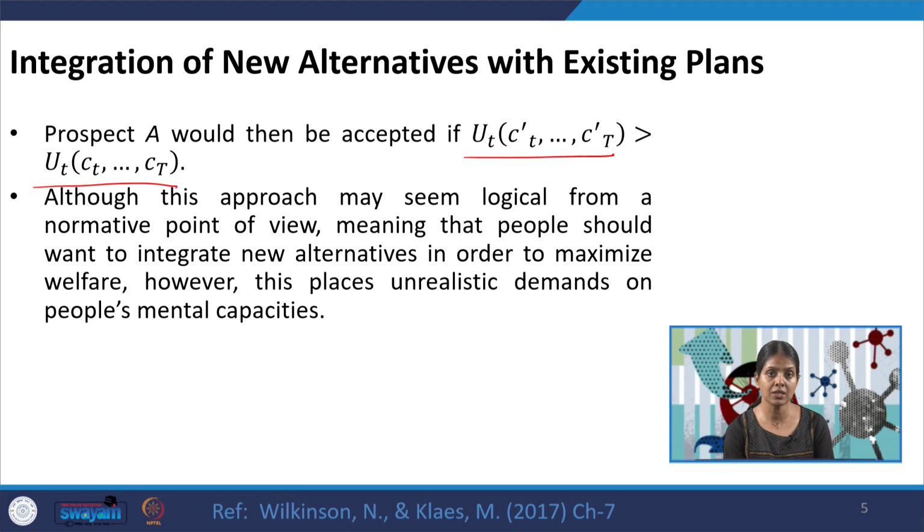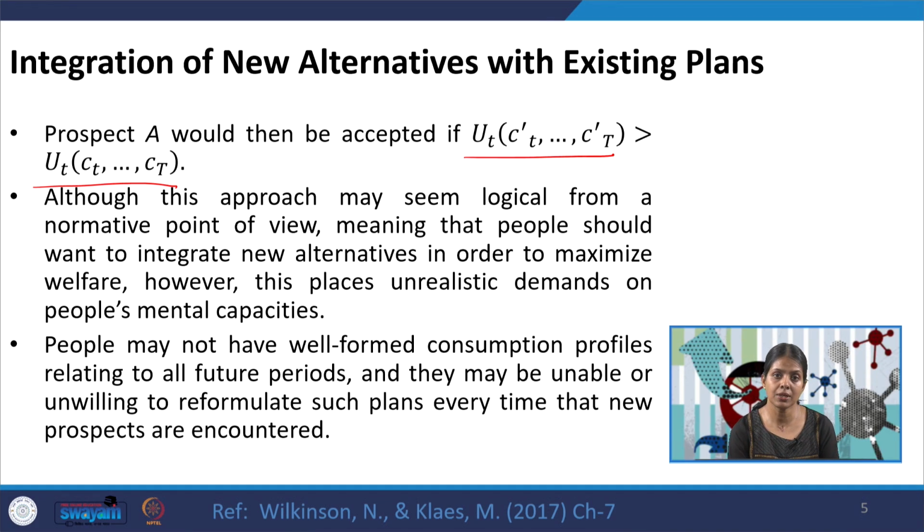So, this is basically placing unrealistic demands on our mental abilities. People may not have well formed consumption profiles relating to all future periods, and they may be unable or unwilling to reformulate such plans every time that new prospects are encountered.